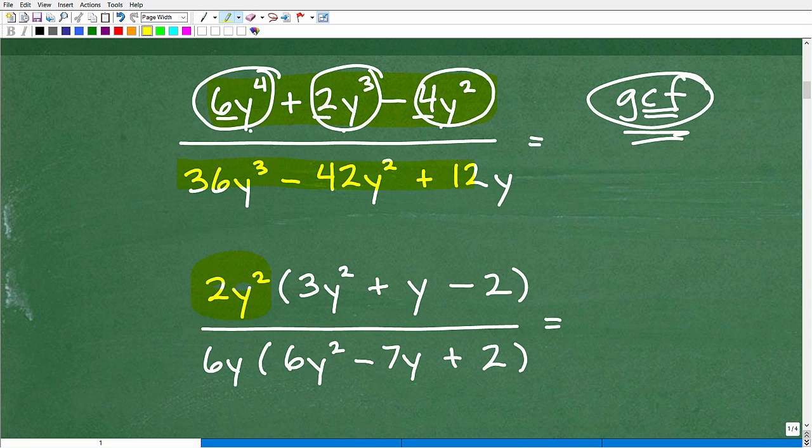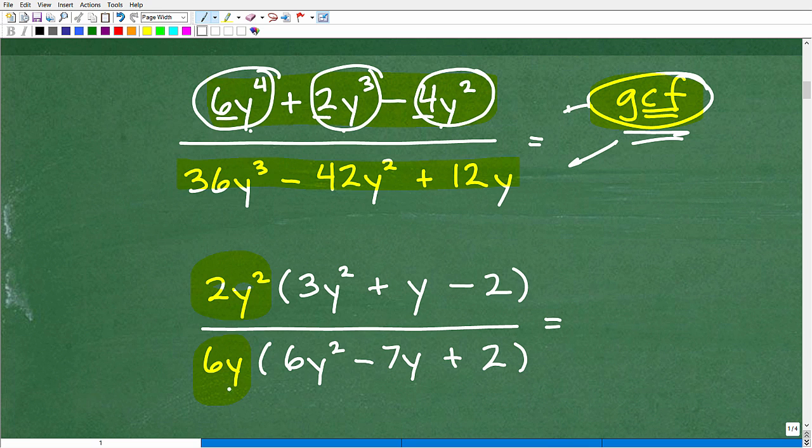If you take a look at the denominator, you can also factor out the GCF. Just look at the numbers here, 36, 12, 42, 12, and they all have y's there. So you can smell that there's a GCF situation going on. I can pull out a 6y. You need to think about it and play around with it for a bit until you have the correct greatest common factor.